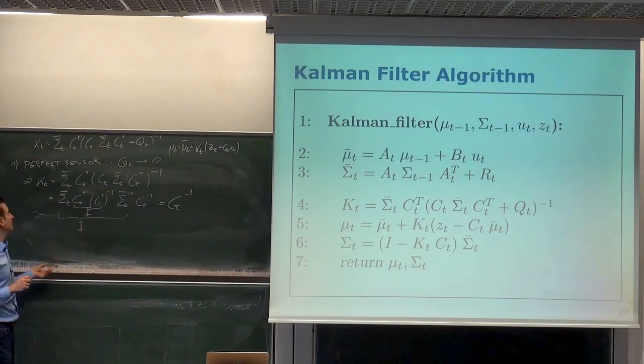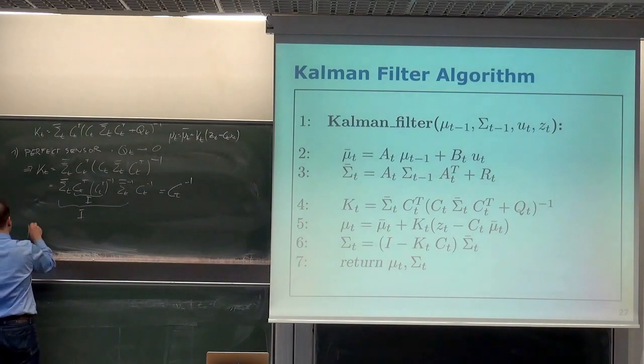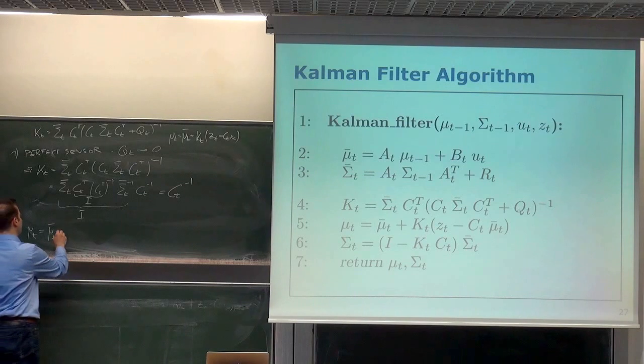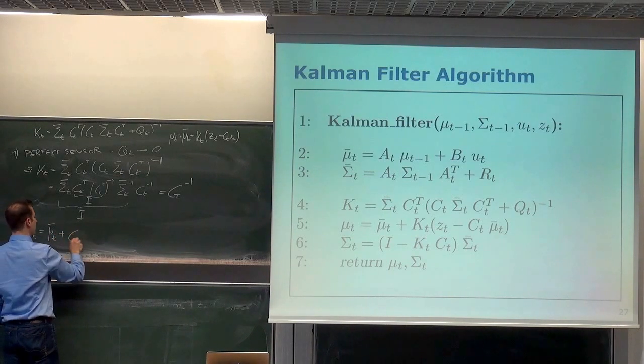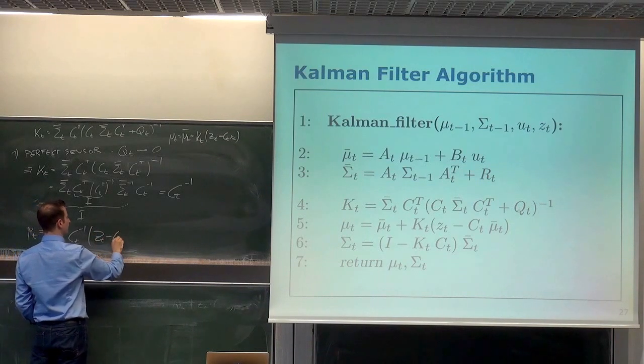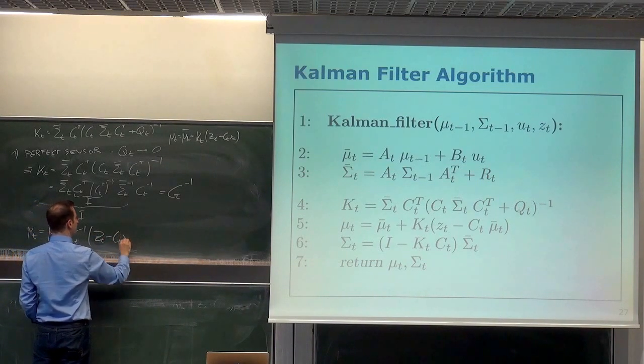What does it mean if this is my Kalman gain? Simply compute the new mean. So this is the previous mean, the predicted mean that we have, plus Kalman gain, so CT to the power of minus 1, ZT, CT, XT.